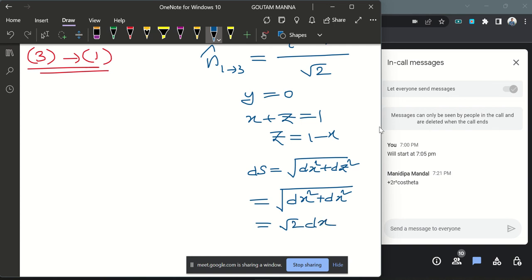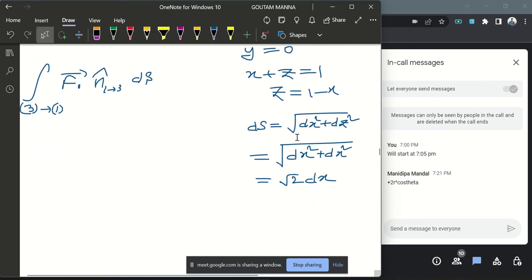And now if you calculate this line integral, point 3 to 1, f dot n hat ds.